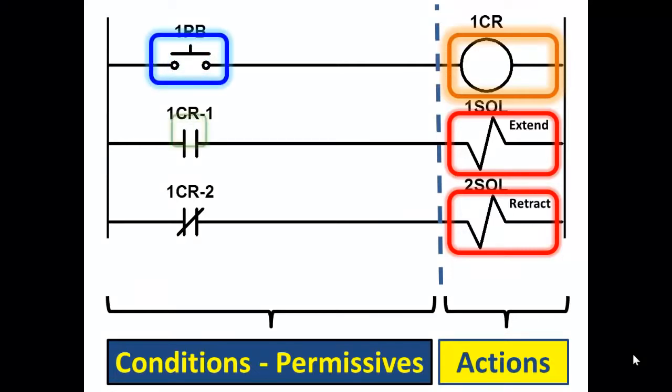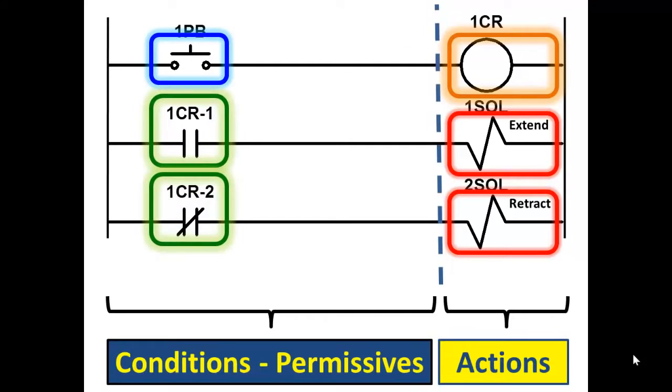So we have a push button and we have two relay contacts. But these are all conditions or permissives that will cause actions when they're true. So these are our external interfaces from the control system to the real world.